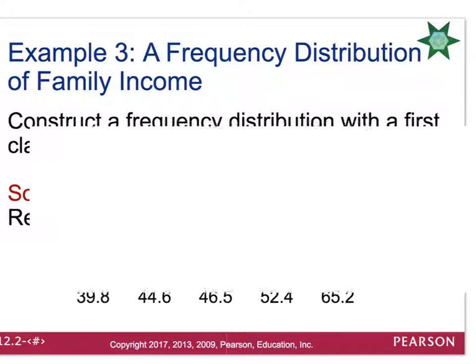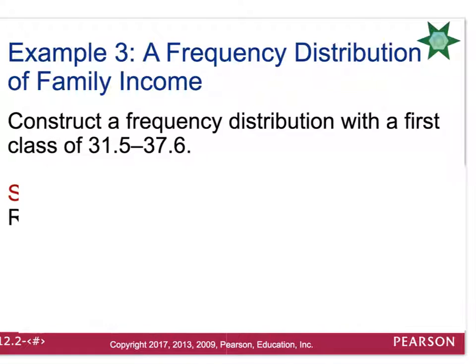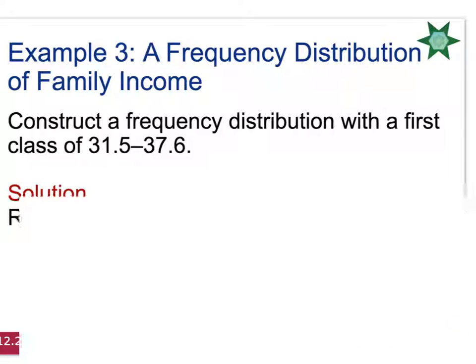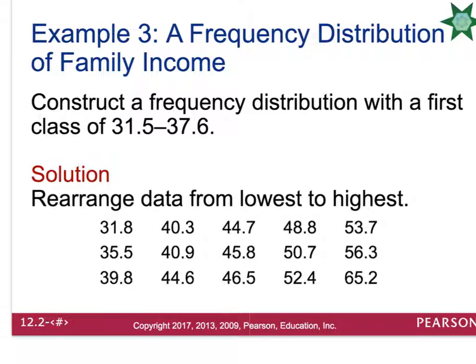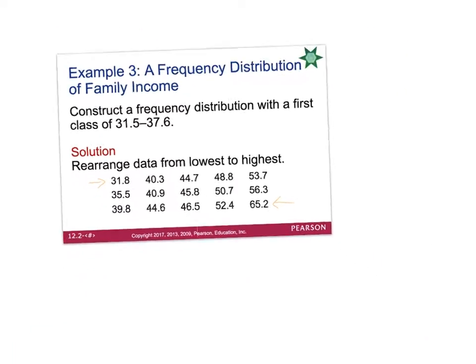We're going to make our table, and we first have to pick out how we're going to space this table. The first thing we want to do is arrange our data from smallest to largest, so that you can identify what your lowest value is and what your highest value is. Then we're going to develop our frequency distribution.